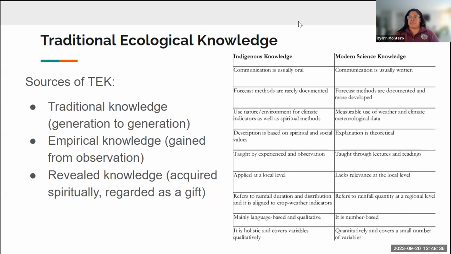Indigenous knowledge being language-based and qualitative versus being numbers-based. You can just see the contrast between the two. And like I said, even though I just phrased it that way, when I use the word versus, we want it to be supplemental because everything has a role, like nothing goes to waste, right? So it just takes a little bit to make that mind switch.